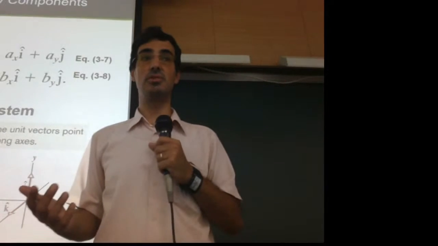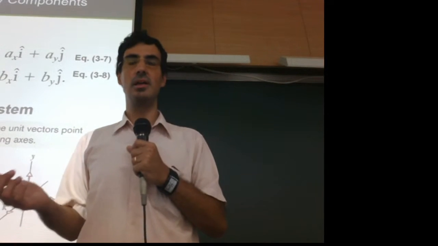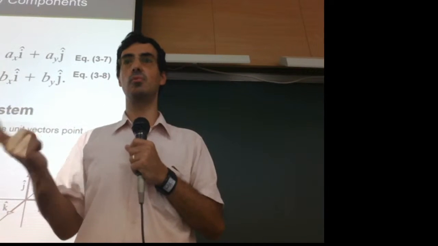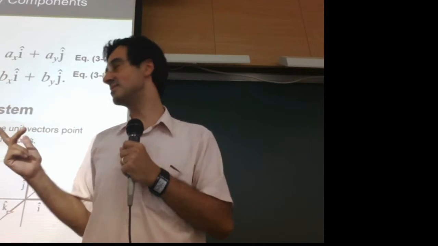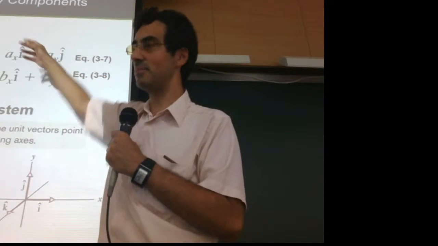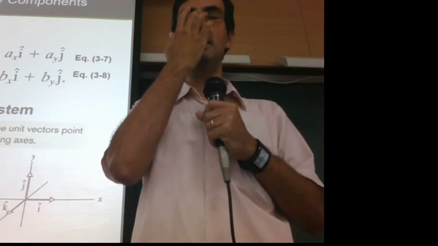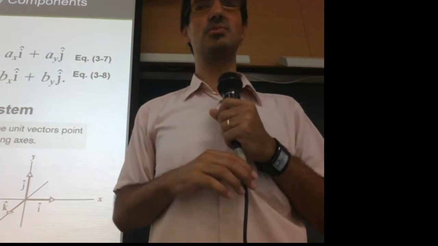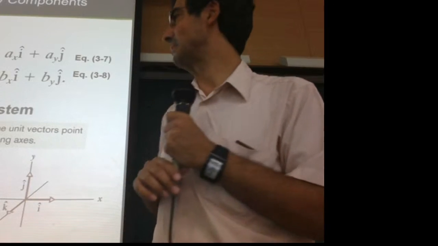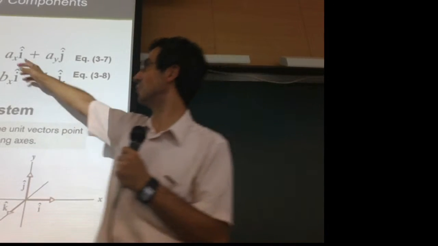In this case, it's a unit vector. So it has a length of 1, but it's pointing in either x direction, y, or z direction. And we label them as i, j, and k. Not sure why we don't label them x, y, and z. To complain.